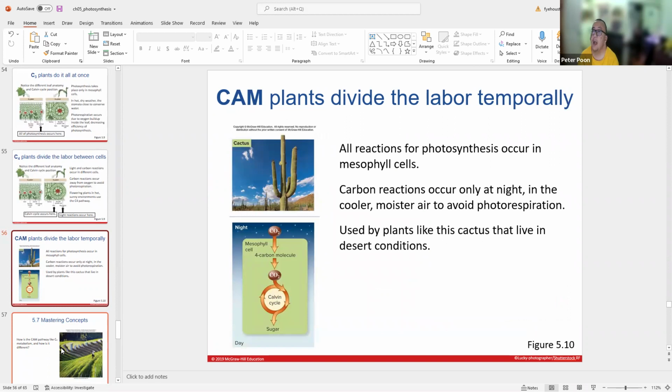Okay, CAM plants. It's called CAM because the very first thing they make is something called CAM.